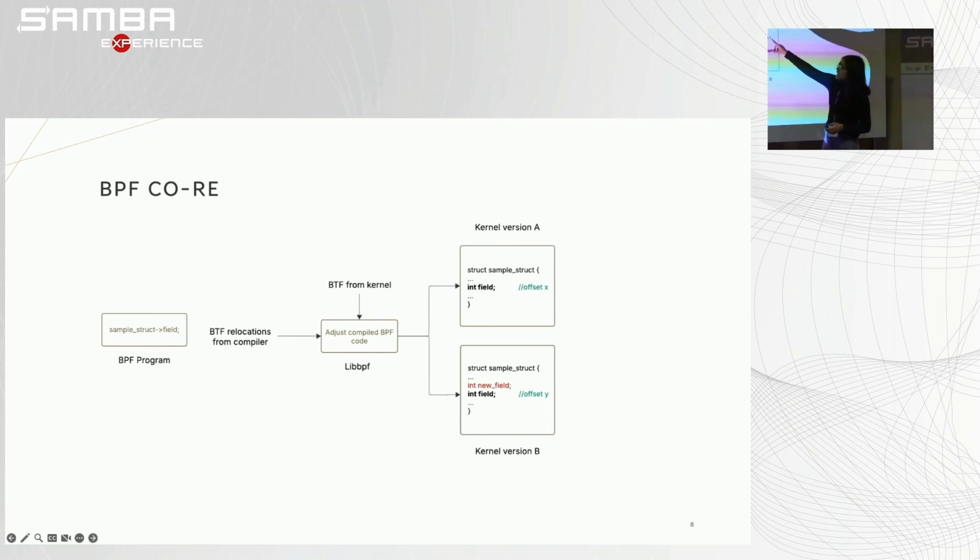You use the BTF information that is in that particular kernel on the target host, and you adjust the compiled BPF code. Then even if your structure field in kernel version A was at offset X, and in kernel version B was at offset Y because a new field was inserted, it wouldn't matter because your code would already be tailor-made for these kernel versions.